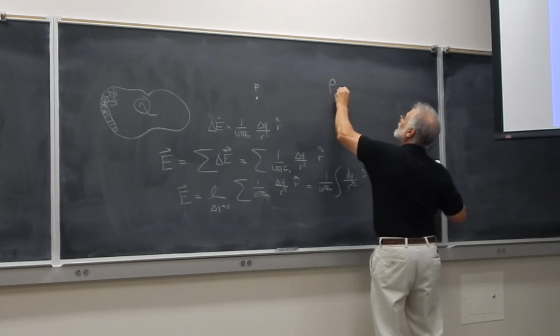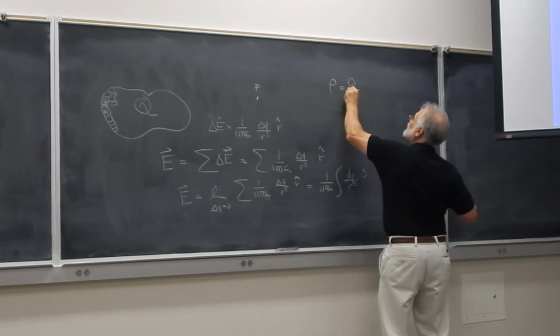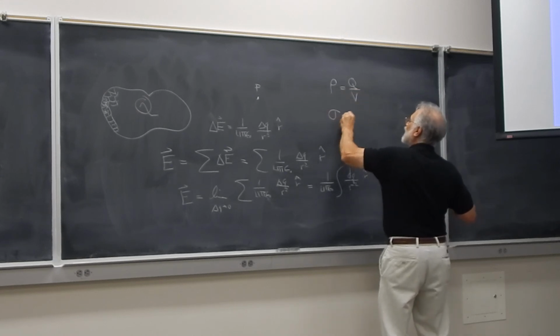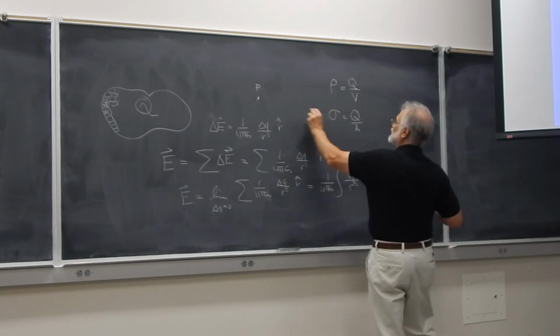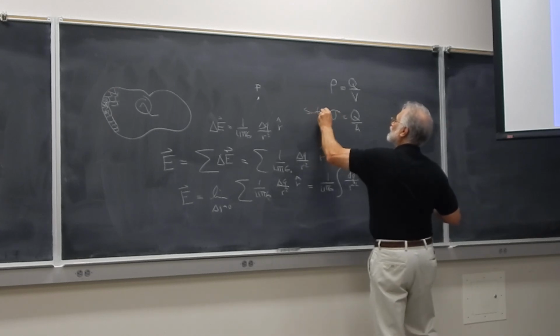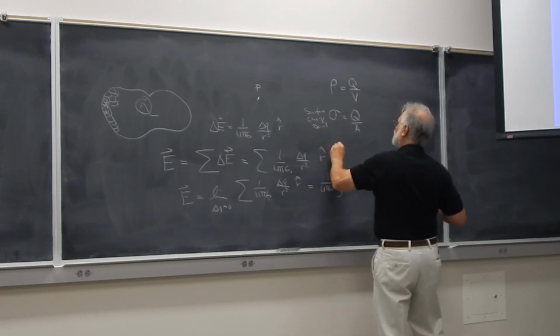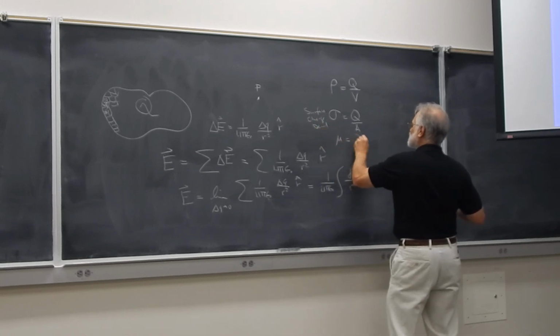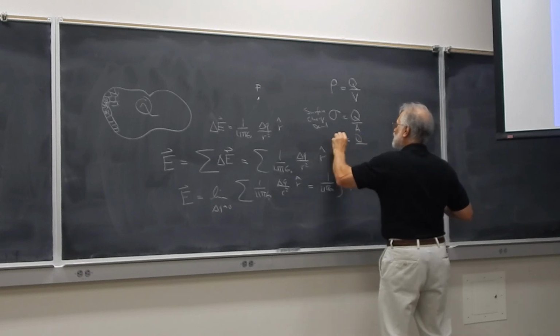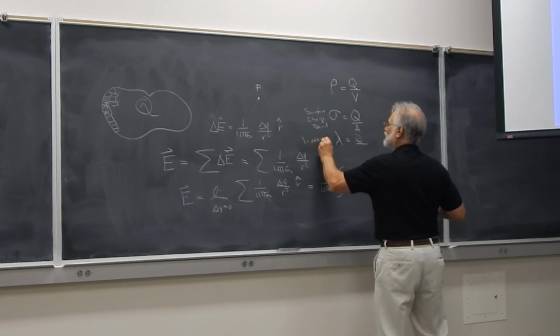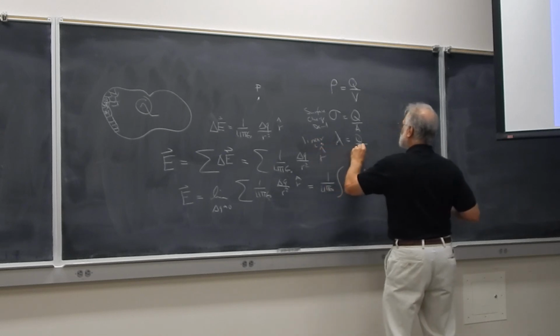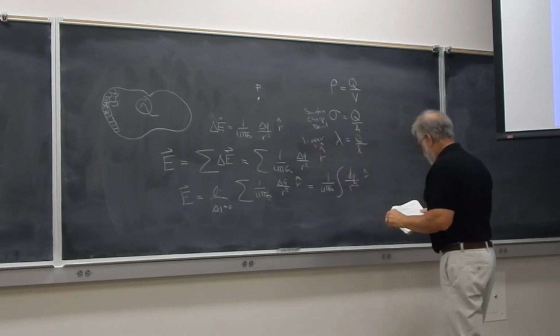I can define rho as a charge density, a charge per volume. I can write sigma as a charge per area. That's what we call a surface charge density. And I can write lambda as a linear charge density, Q divided by a length, or Q over x.